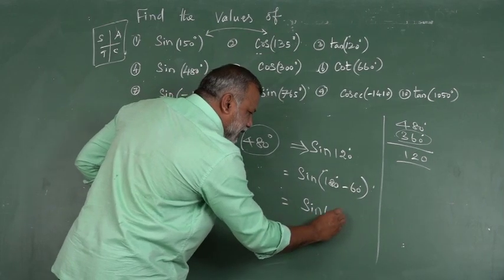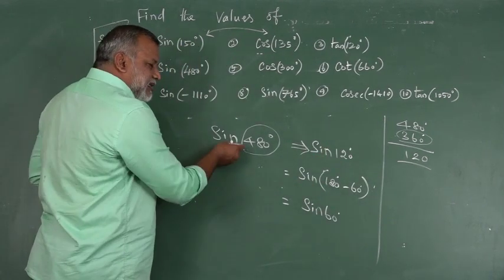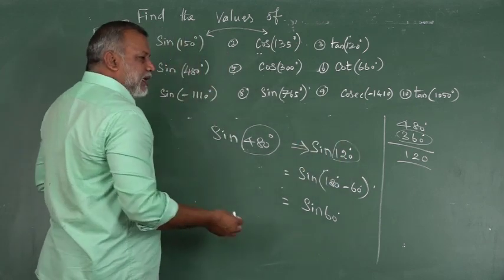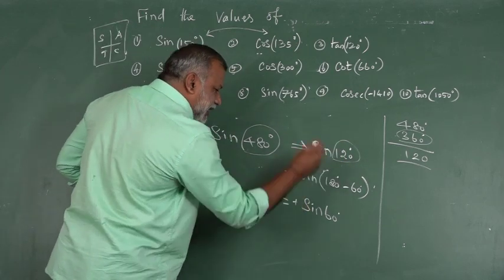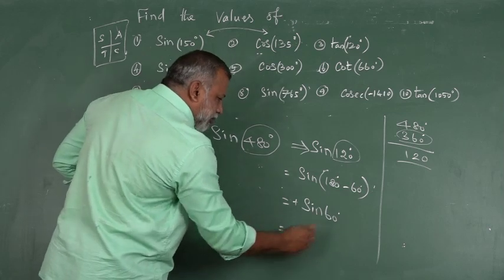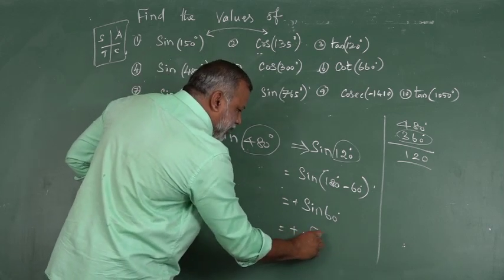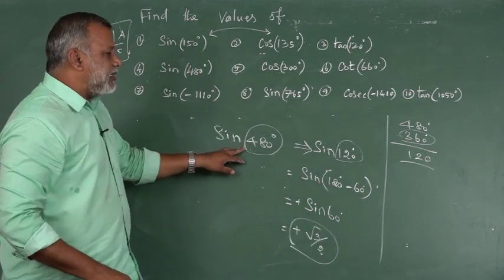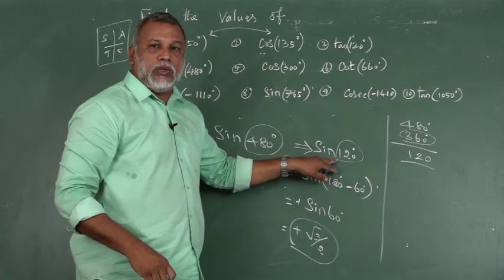Then instead of theta, sine 60. Which quadrant does 120 lie in? Second quadrant. Sine takes positive. Therefore, positive, and sine 60 value is root 3 by 2.